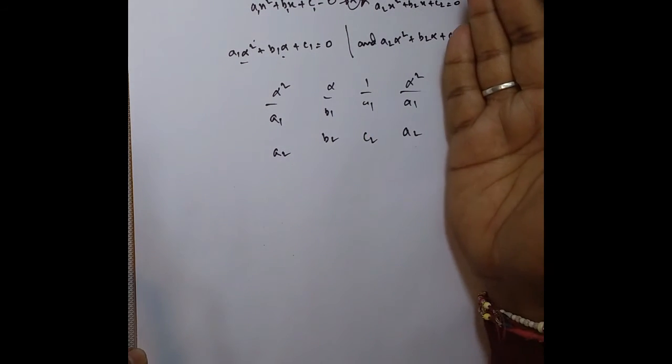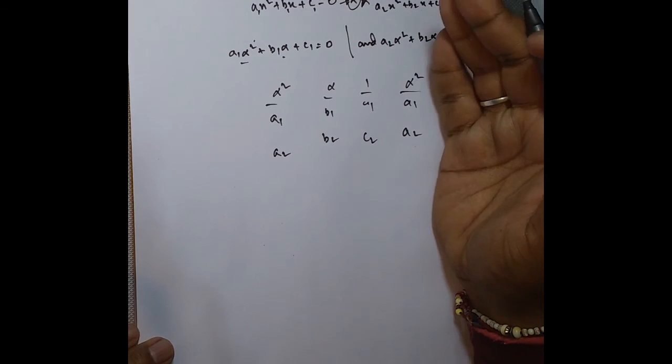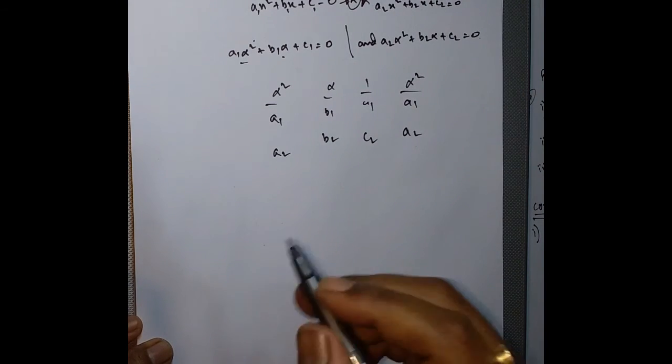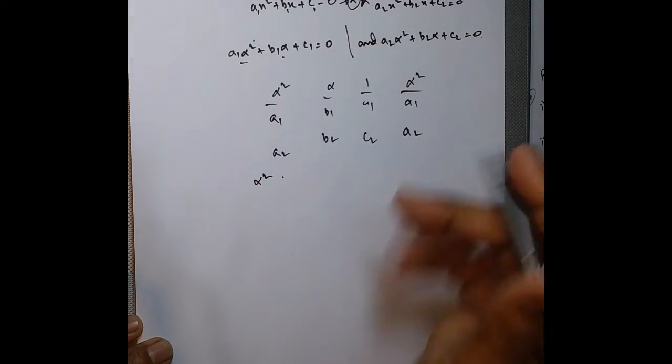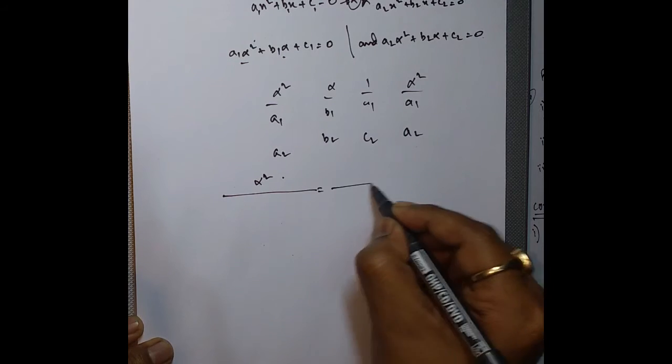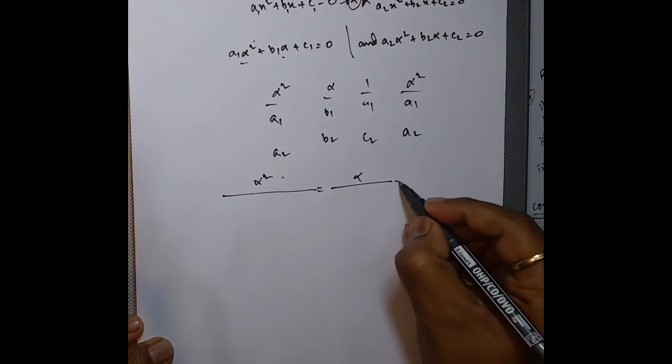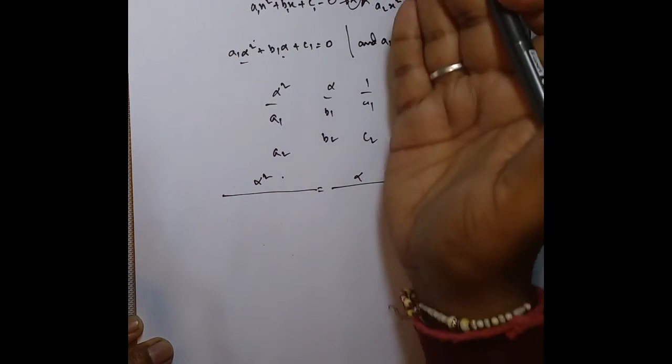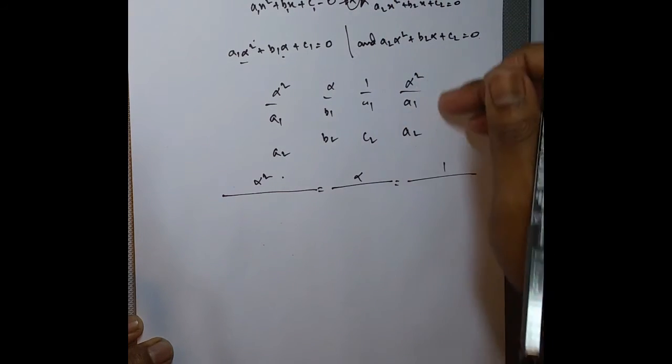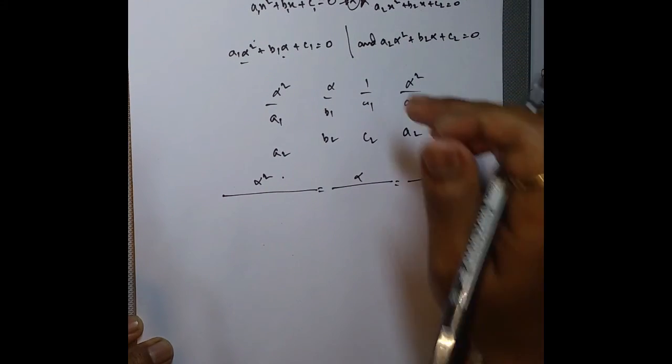I'm showing you one particular case so that you will not have any difficulty in writing Cramer's rule. Alpha square first, then alpha, then unity. Cramer's rule stops here. This is a trick so that you can easily remember.